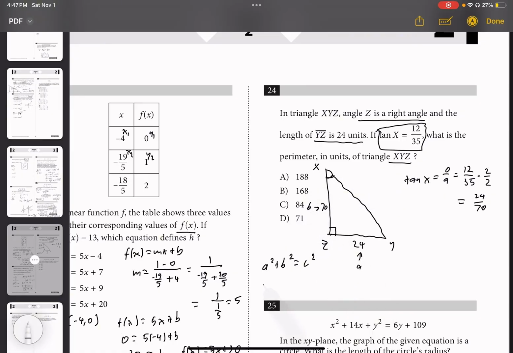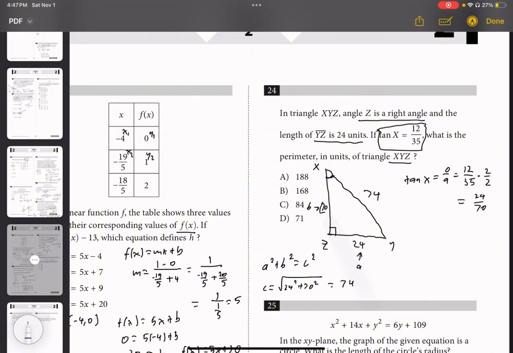So we have c is equal to the square root of 24 squared plus 70 squared. So 24 times 24 plus 70 squared, and then take the square root, and you get 74. So that's your hypotenuse.